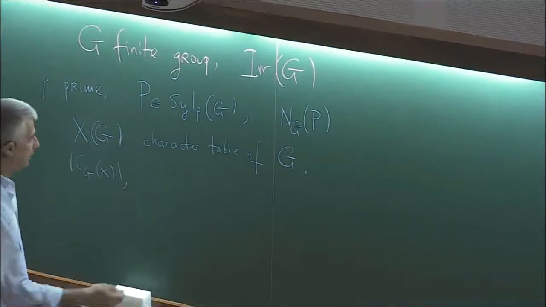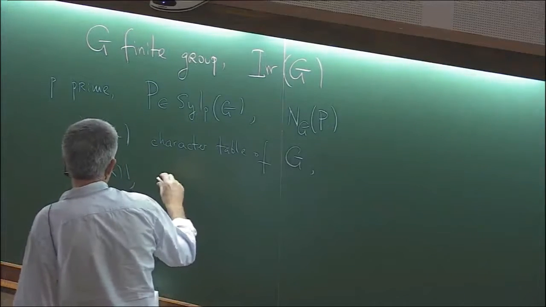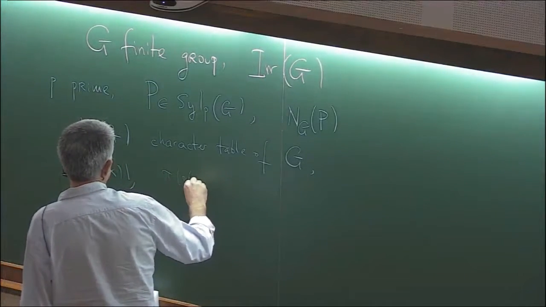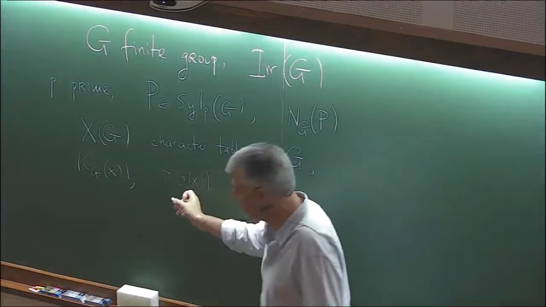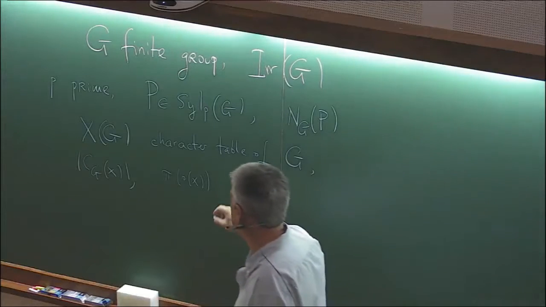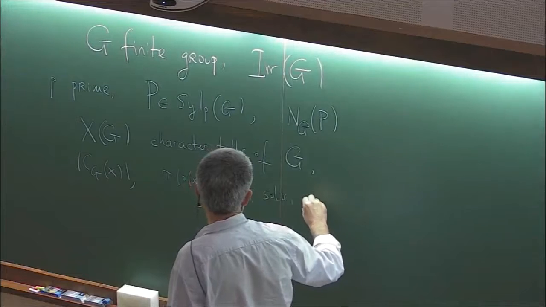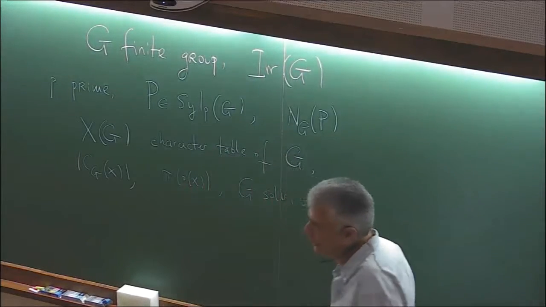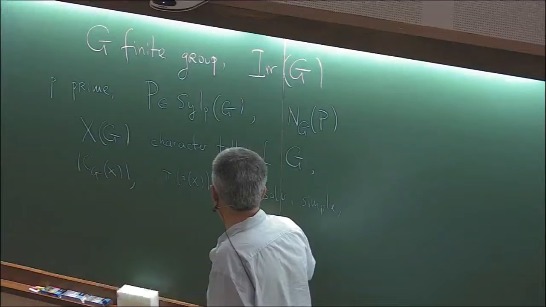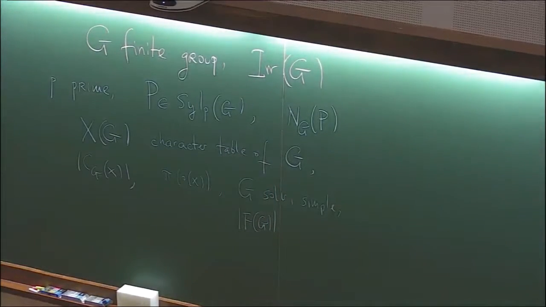It's very easy, or even the order of the group. Even this is more complicated. The primes dividing the order of the elements, not the order of the elements, as we know. This is a theorem of Hickman. We know if G is solvable or simple, nilpotent. We know the size of the Fitting subgroup. So all this is pretty easy. But if we want to go and know about the local properties, that is much more sophisticated.